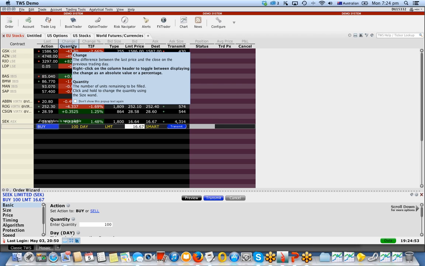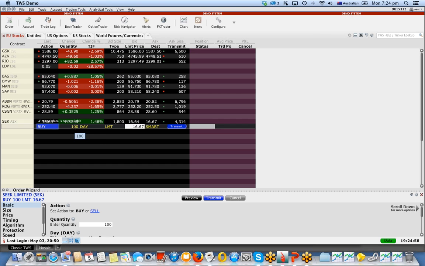Now quantity, the same. You see there is a column, very simple. You just go down and there is 100. I can do 101, I can do 103, I can do 108, or I can just do backspace and say, I'd like to say 10,000. Enter. And notice there is as well an order wizard over here.